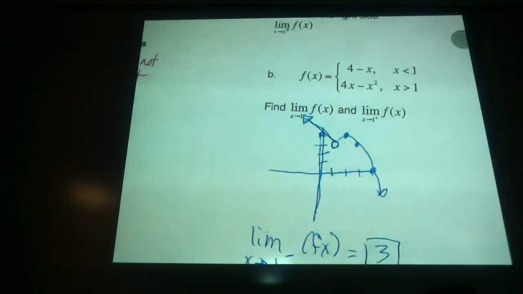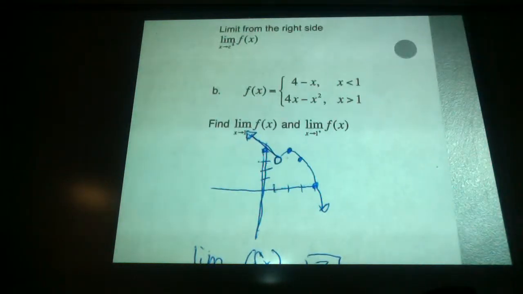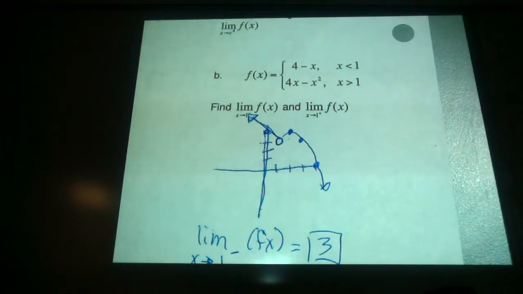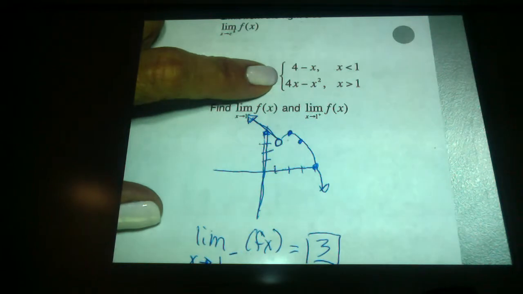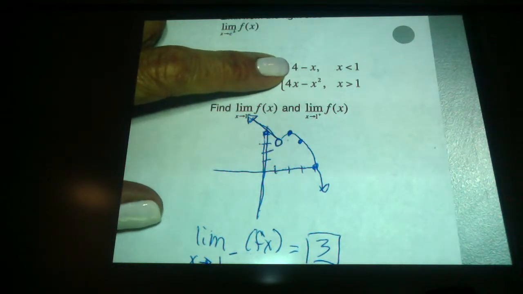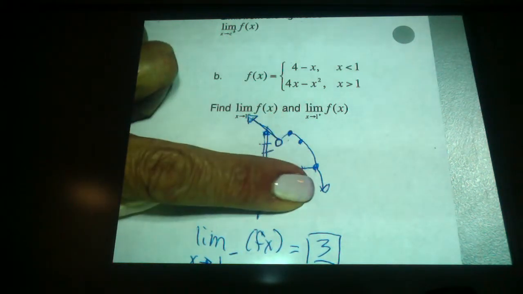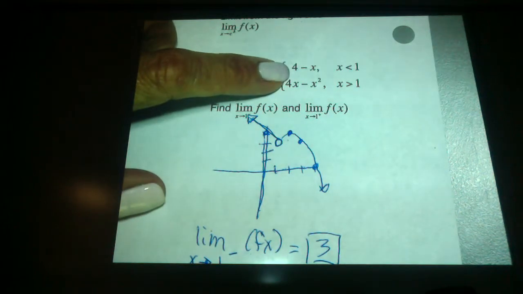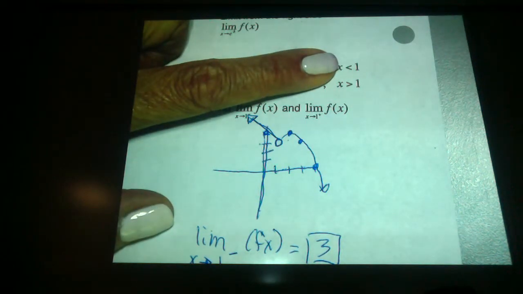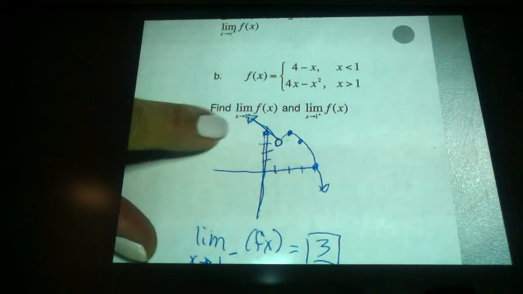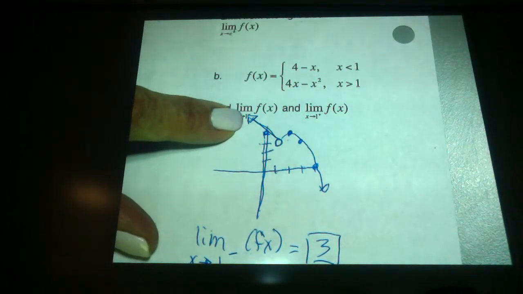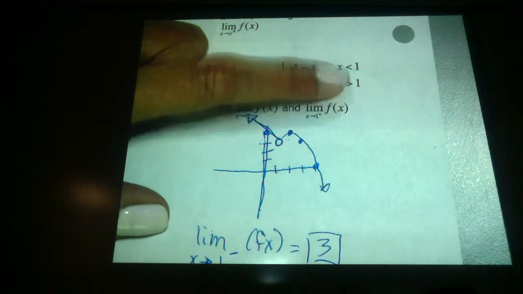Remember these piecemeal ones? These ones are harder just to put in your calculator. So if I were you, I would choose values based upon your limitation and just plug into here and plot those ordered pairs. So for this one, 4 minus x, you can only choose x values that are less than 1. I would, of course, always choose 1 because notice that your limit down here approaches 1 because that's where we're switching off here.